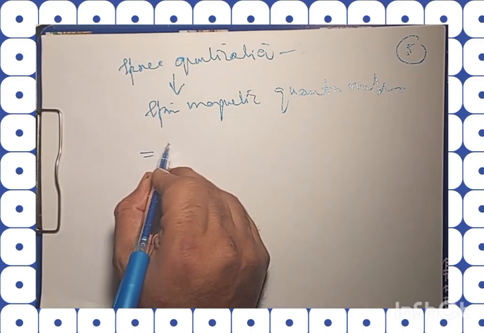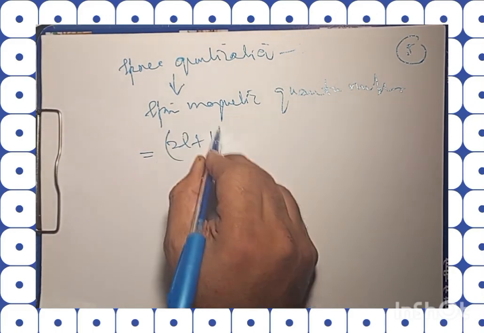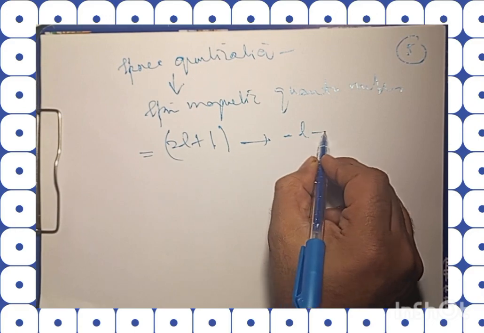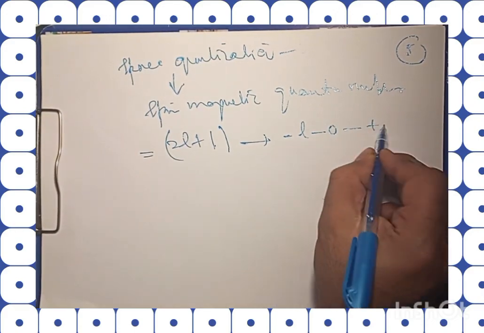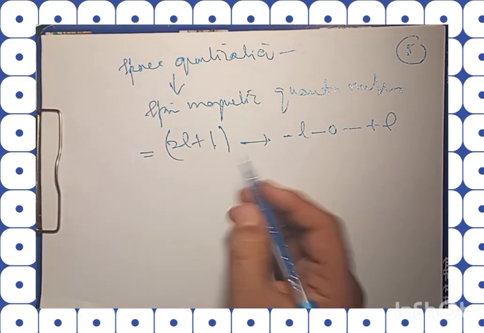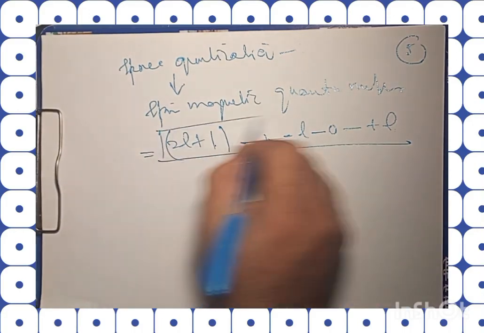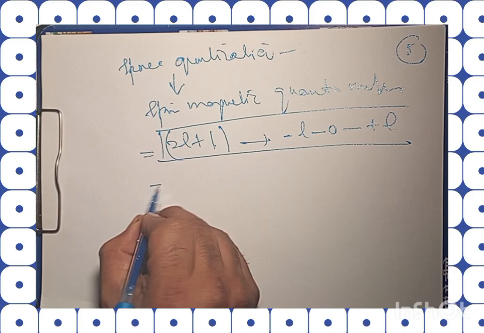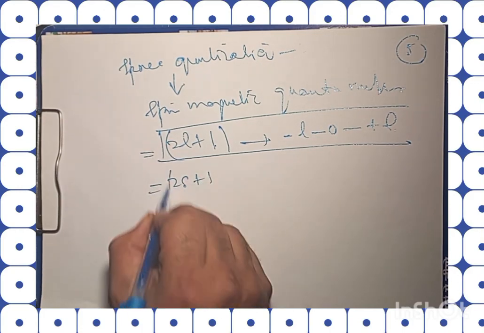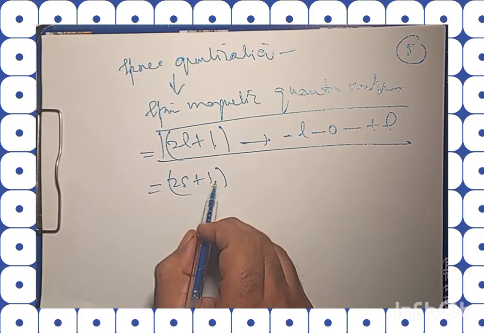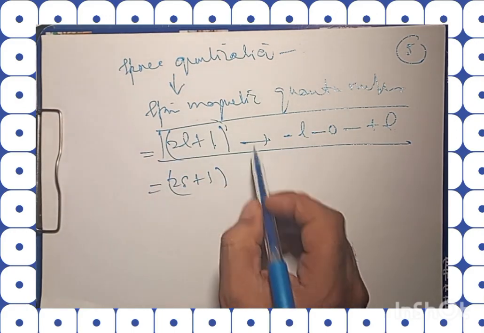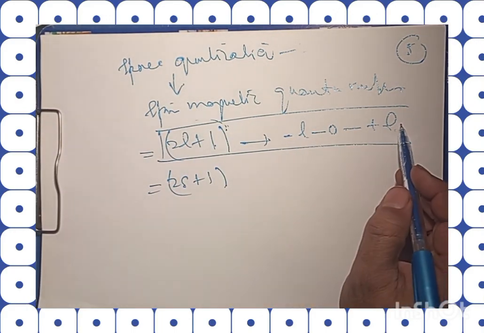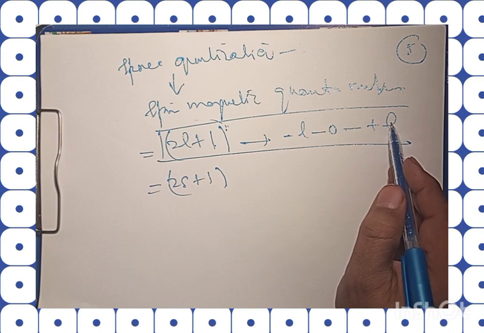So if we go back to the concept of angular momentum, the angular momentum can have 2L plus 1 values, from minus L via 0 to plus L. In the same way, for spin we have 2s plus 1 values. So in orbital angular momentum we have this many orientations, quantizations in space.